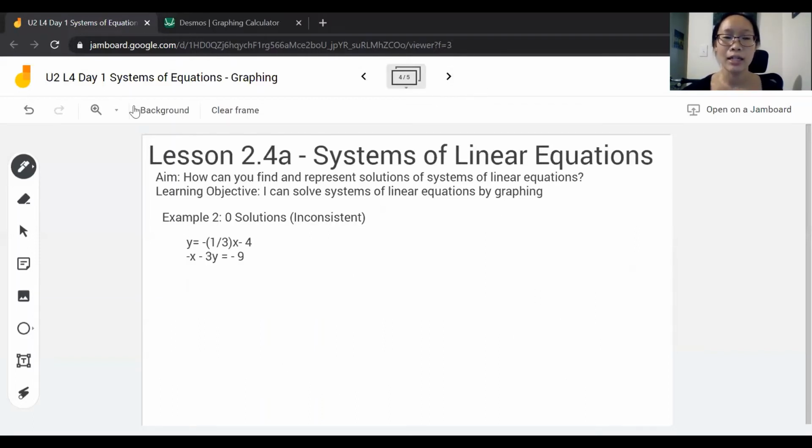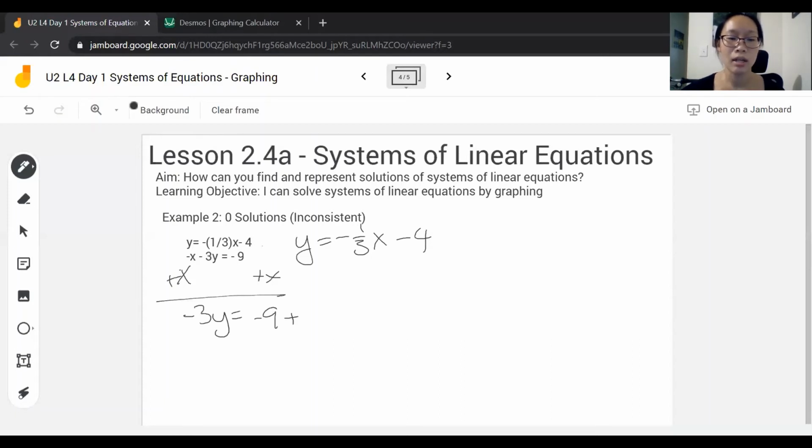Here I have an inconsistent system. I have y is equal to negative 1/3 x minus 4, which is already in point slope form. And then this other one, negative x minus 3y minus 9, needs to be rearranged. So I'm going to add an x to both sides. And that will give me negative 3y is equal to negative 9 plus x. I divide through by negative 3.